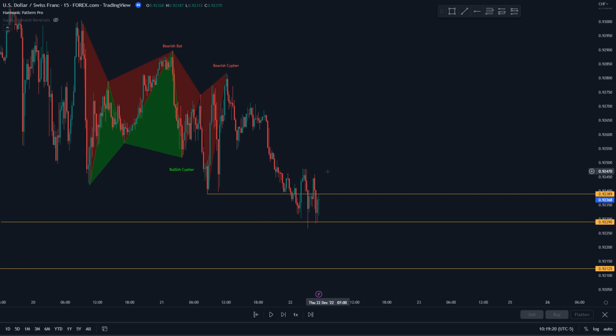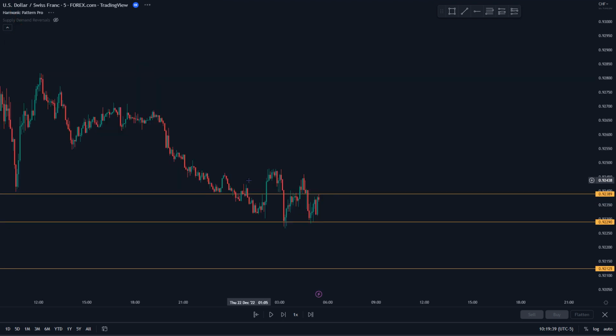So let me go to the 5-minute, and remember this. The 1 hour and the 15-minute are showing the same thing. It's showing that there's a bearish pattern in control, currently playing out on the higher time frame.